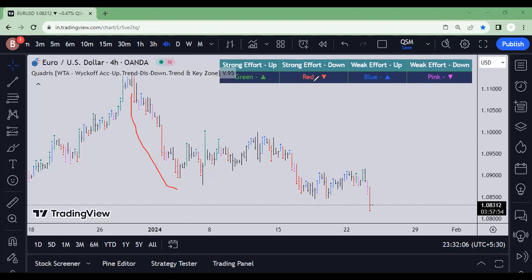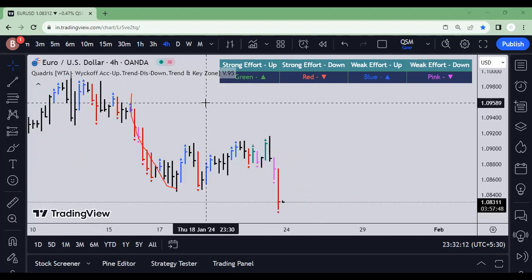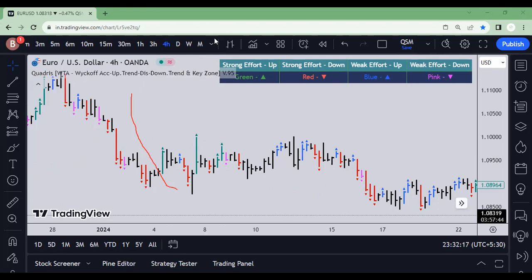So first let me explain this thing. Green bar with green triangle. Let me zoom in a little bit. It's not visible, I think. Black would be better.